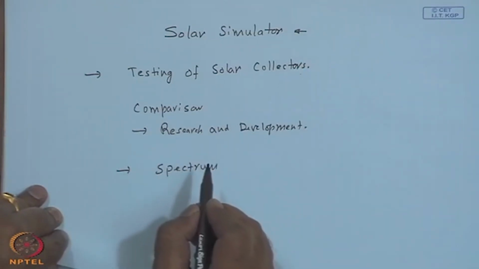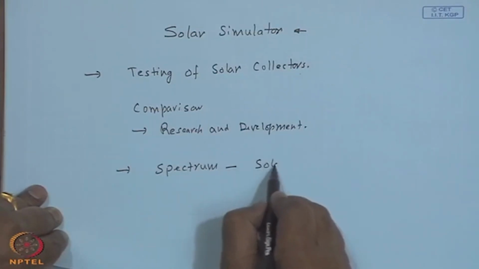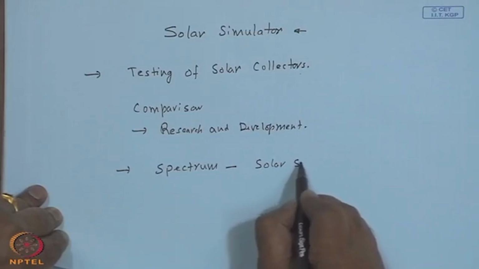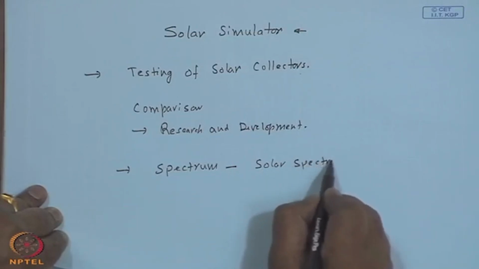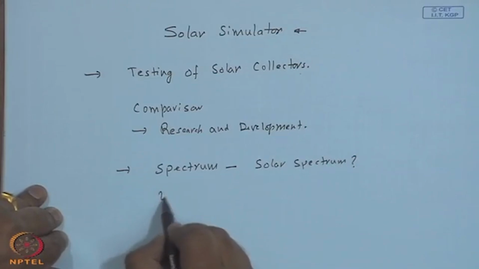Will the solar simulator give the solar spectrum? That is question number 1. Secondly, uniform intensity.